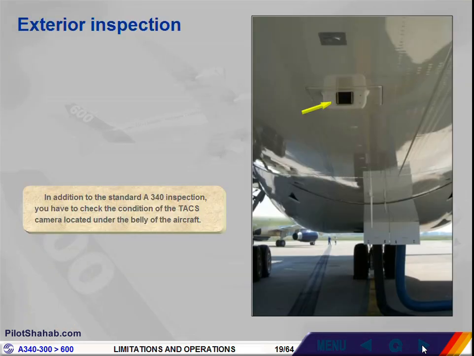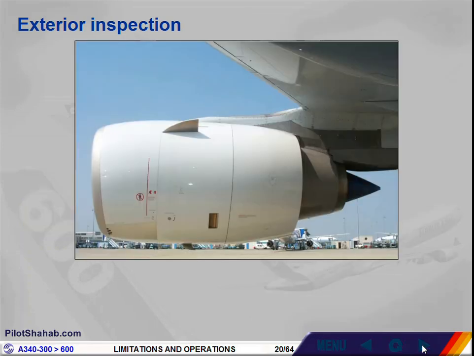In addition to the standard A340 inspection, you have to check the condition of the TACS camera, located under the belly of the aircraft. On the left-hand side of the engine, check that the following doors are closed: starter valve access door, IDG access door.